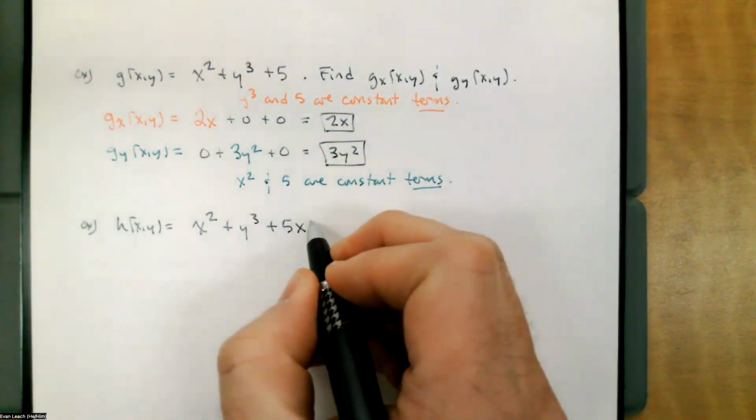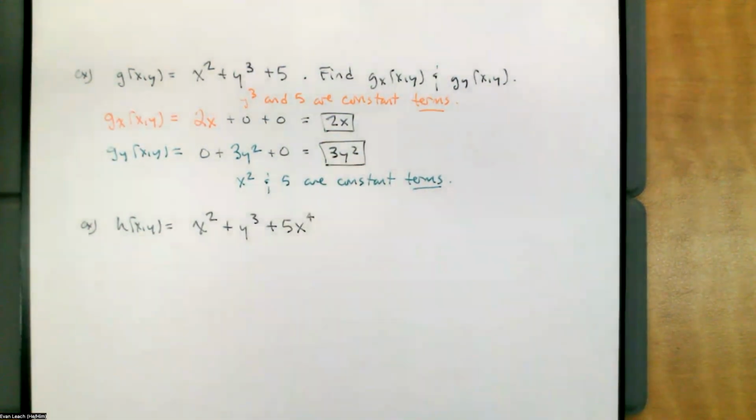Let's go with this. Let's go 5x to the 4th. This is not a big change from the previous one. With respect to x, though, I have 2 terms that aren't constants, but with respect to y, I'm only going to have 1 term that's not constant.